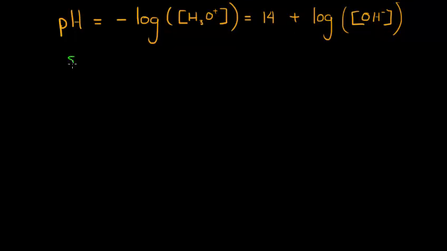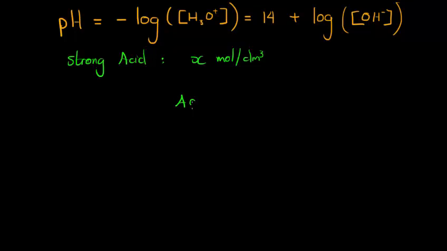Usually they would give you a strong acid, and they tell you that this strong acid has, let's say, X mole per cubic decimeter. Then you know a strong acid dissociates completely.